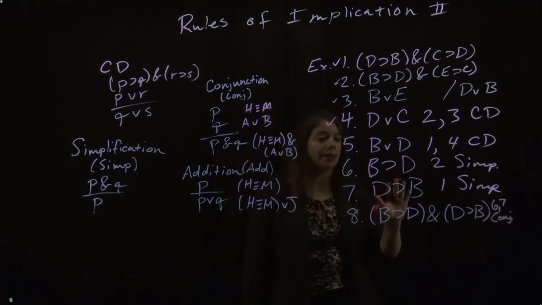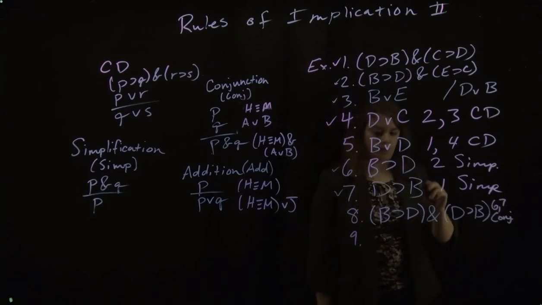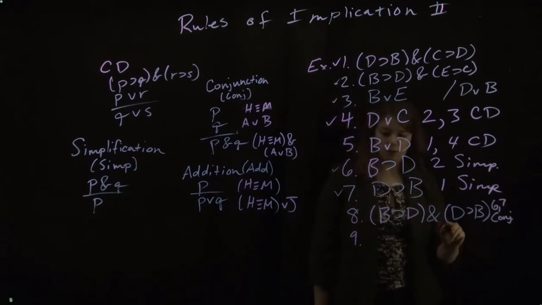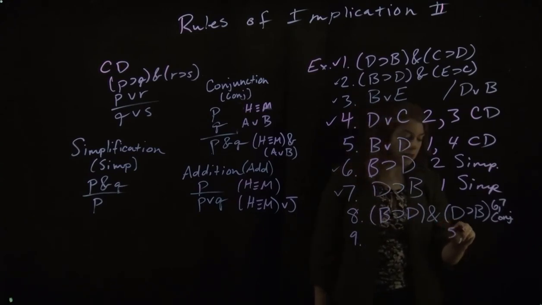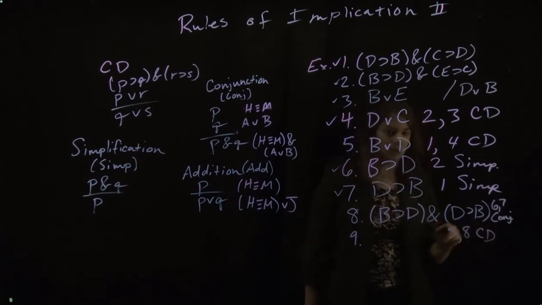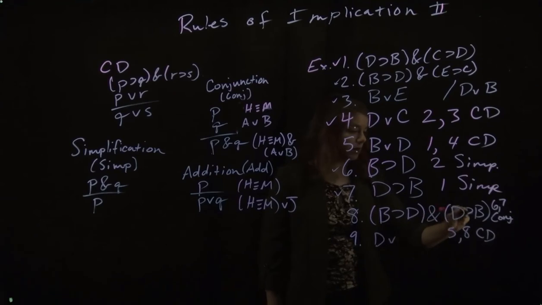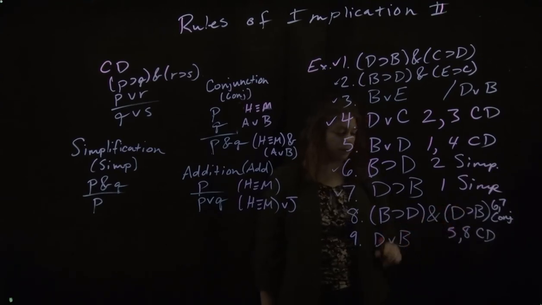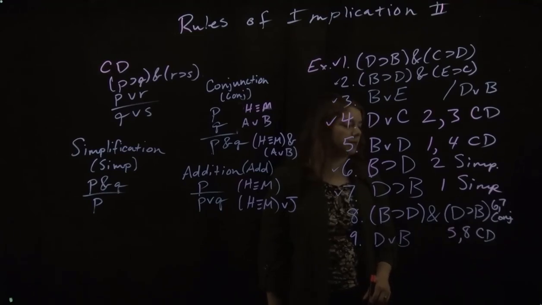And so finally now, we can take line 8 and line 5 here, and we can use the rule of CD and derive out D or B.